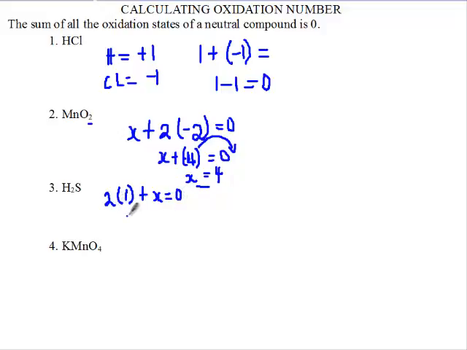Now 2 times 1 will give us 2 plus X is equal to 0. Now when you send 2 across the equal sign, you're going to get X to be equal to -2. So in this case, sulfur has oxidation state of -2.